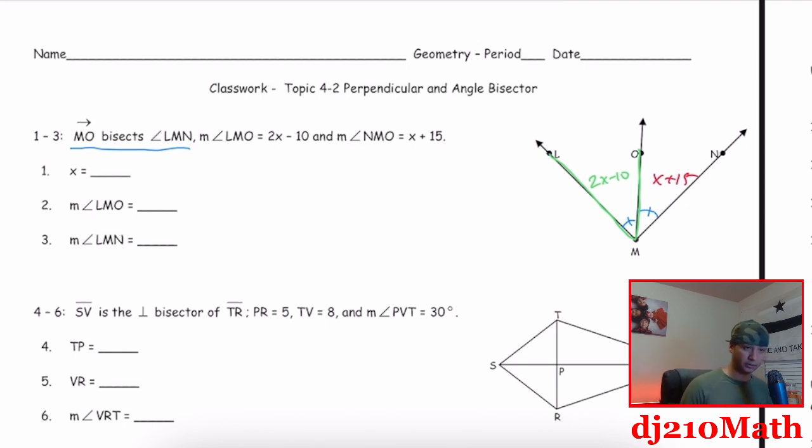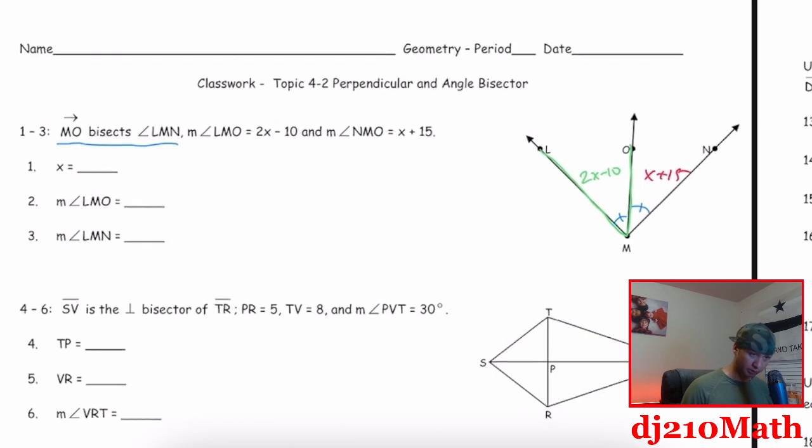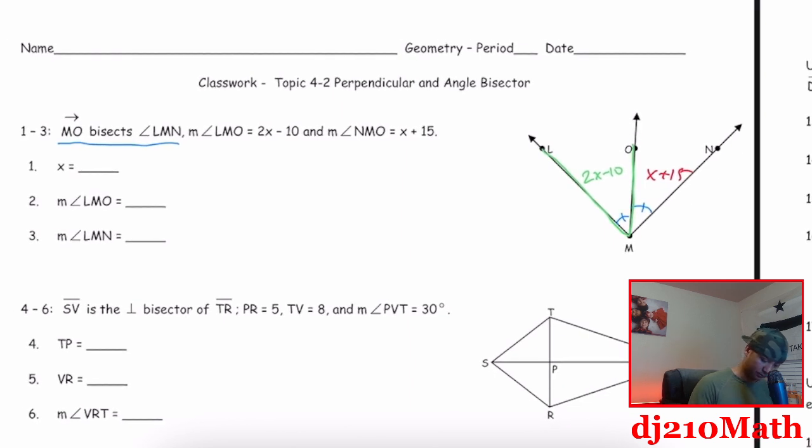Since the angles are equal, we can set them equal to each other. So 2x minus 10 is equal to x plus 15. Solving for x, putting all the x's to one side, all the non-x's to the other side. X is equal to 25.